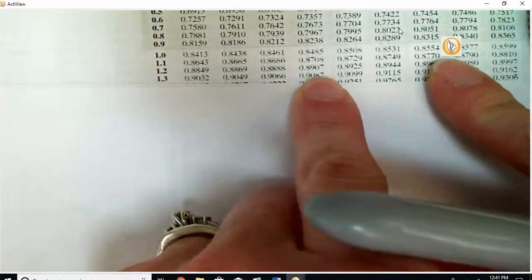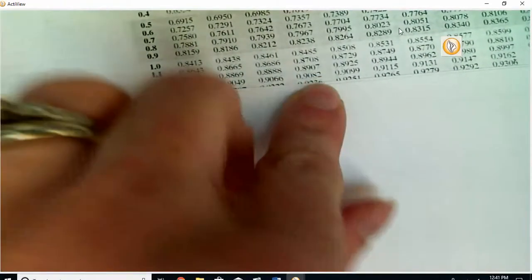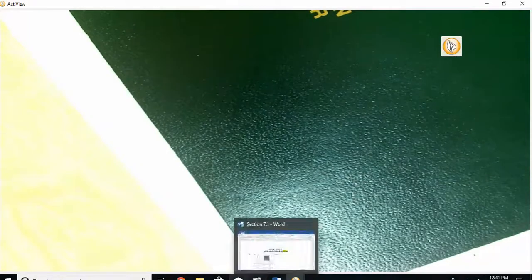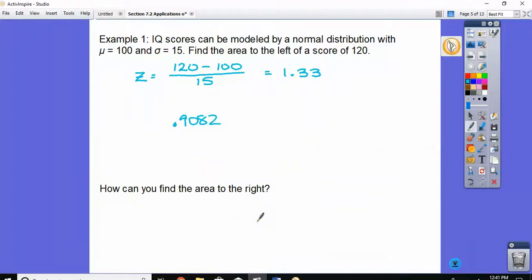So it's right there, the 0.9082. Does everybody see that? Okay. So that is the area to the left, or the probability of having a score of 120 or less.